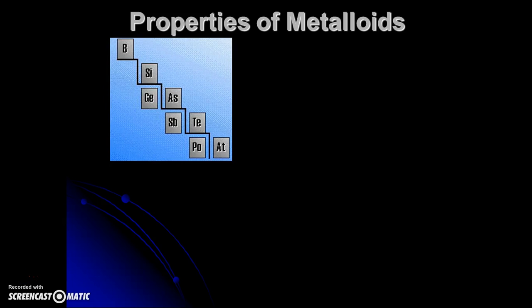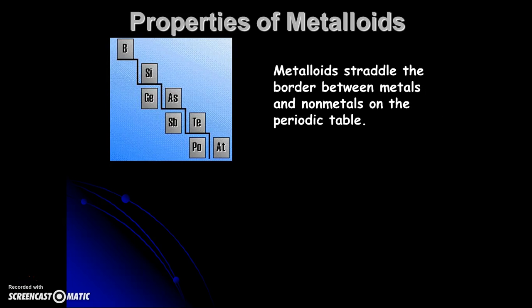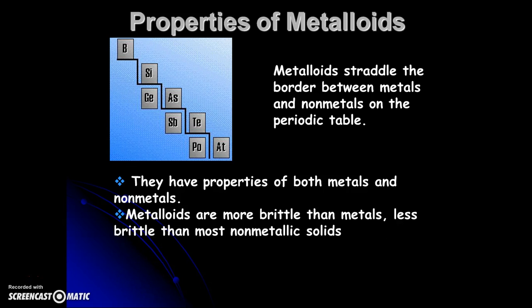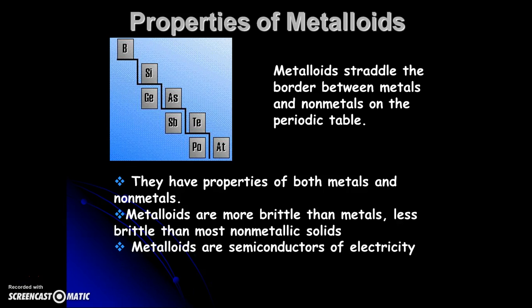And then those metalloids that stagger that stair-step line. Metalloids have properties of both metals and nonmetals. And one of the most important characteristics of metalloids is that they are semiconductors of electricity. And we use semiconductors in computer chips, which of course are in computers, but are also in cell phones and car engines.